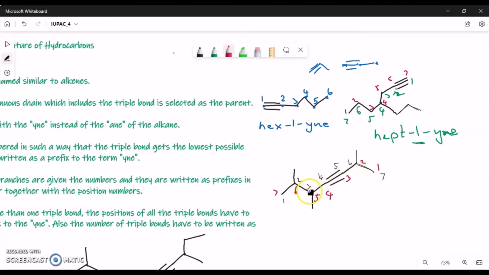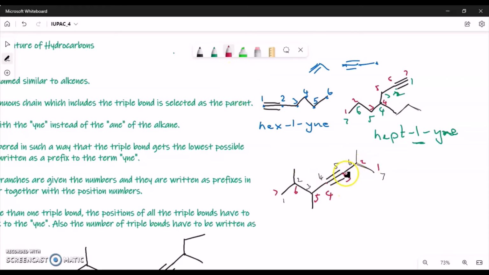So if we choose the black numbering, there are 3 methyl substituents and the triple bond is getting the number 4. Whereas if we choose the red numbering, the triple bond will be getting the number 3.